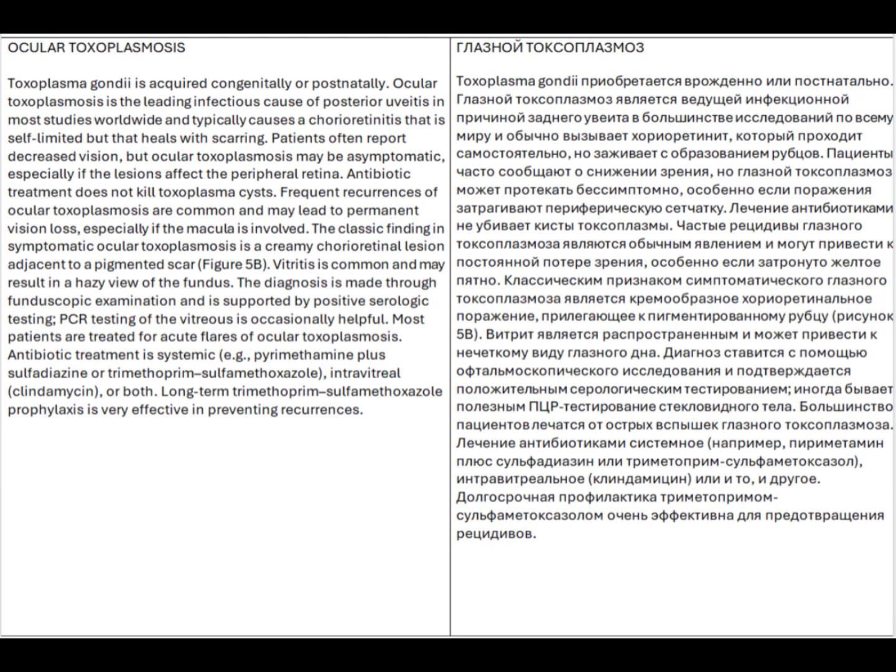Most patients are treated for acute flares of ocular toxoplasmosis. Antibiotic treatment is systemic, e.g., pyrimethamine plus sulfadiazine, or trimethoprim-sulfamethoxazole, intravitreal clindamycin, or both. Long-term trimethoprim-sulfamethoxazole prophylaxis is very effective in preventing recurrences.